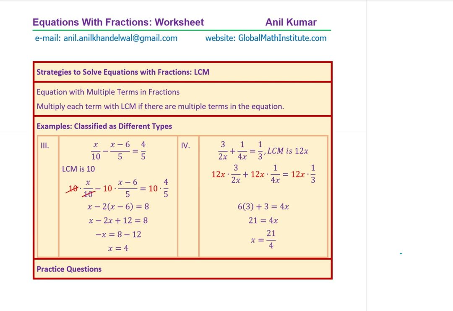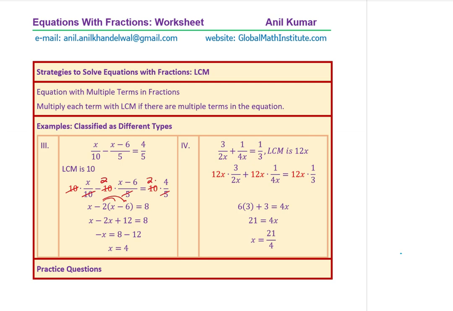That's the whole idea. 5 goes two times and here 5 goes two times and therefore we have actually got rid of the fraction part. The denominator now is just 1. So we have x minus 2 times x minus 6 equals 2 times 4, which I've written as 8. You can always open the bracket and then simplify as you do for solving linear equations. Is that clear to you?